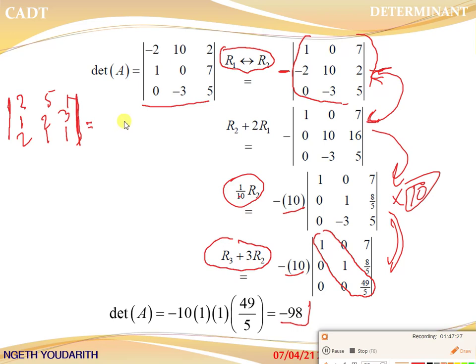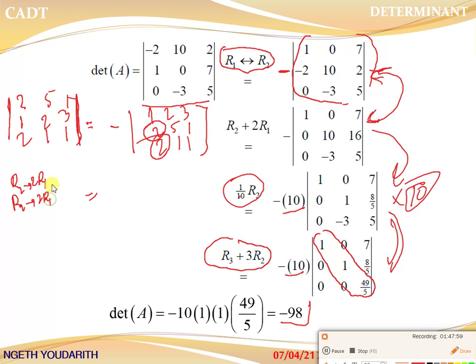I just take this one as minus when I change this one: 1, 2, 3, 2, 5, 1 and 2, 1, 1. And from this I convert this one to 0 and this one to 0 to get a triangle matrix. So this one is R2 minus 2 R1, and R3 minus 2 R1. So we cannot change, we just have minus.